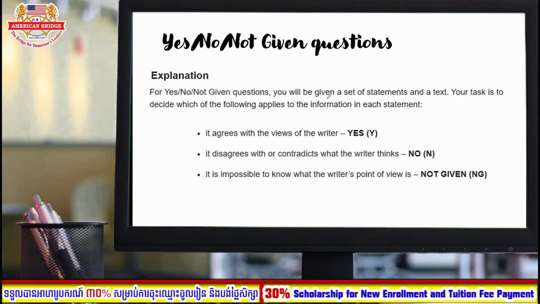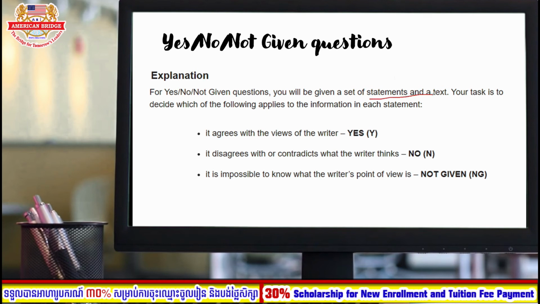Okay, so after you learn some strategies on how to do the heading matching exercise, let's move on to the yes, no, or not given questions. So these type of questions, generally they give you a set of statements and a text.